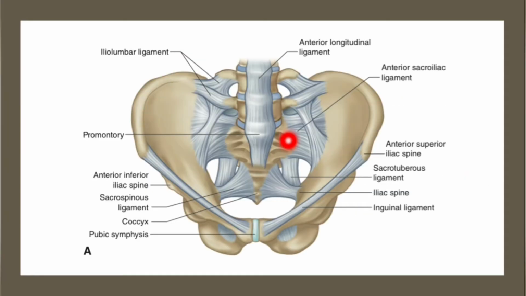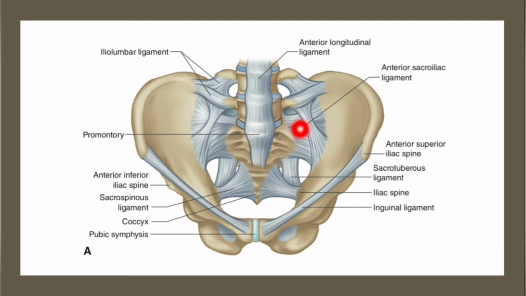So I finished with the iliolumbar. You can see from the transverse process of the fifth lumbar, that's the iliolumbar ligaments. Right here you see the anterior sacroiliac ligaments. Other ligaments, I did not mention them yet.